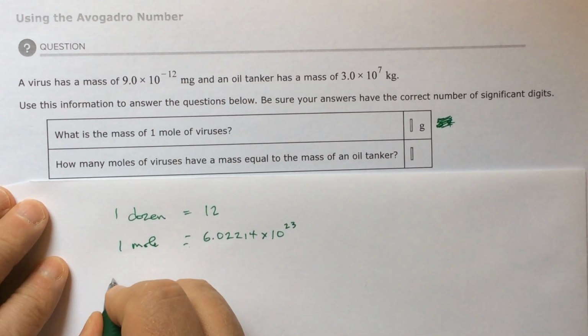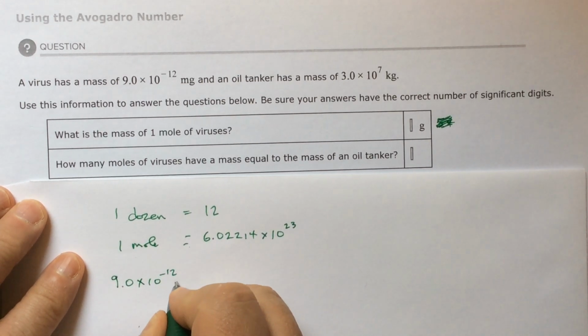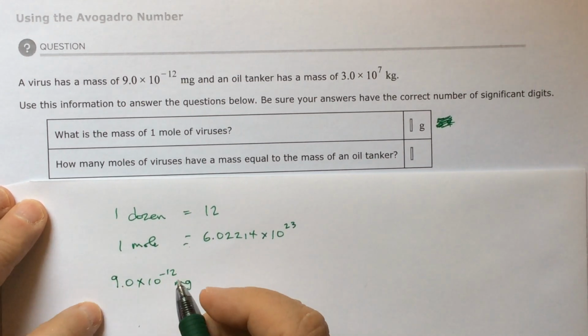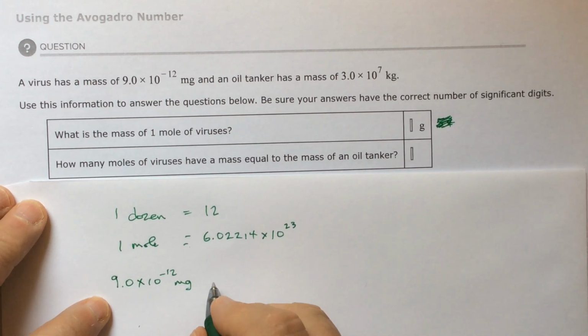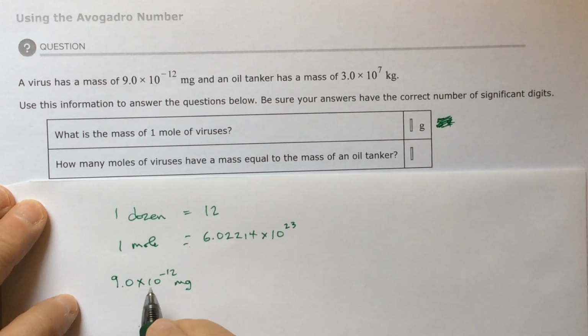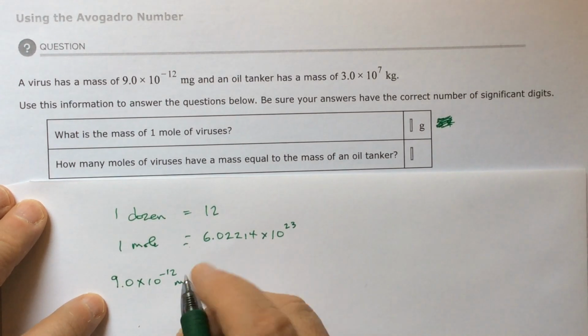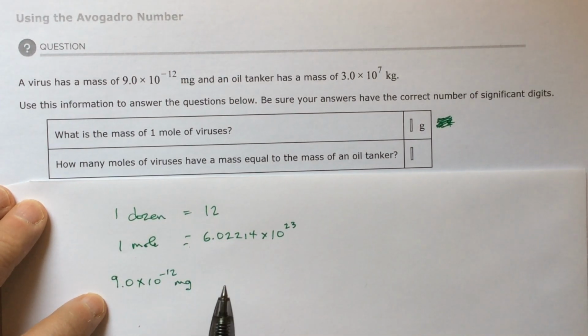We're going to start with what we have: 9.0 times 10 to the minus 12 milligrams. In 1 mole of these, it's going to be 6.022 times 10 to the 23rd of them. So if I want 1 mole of viruses, I want 1 mole times this weight.